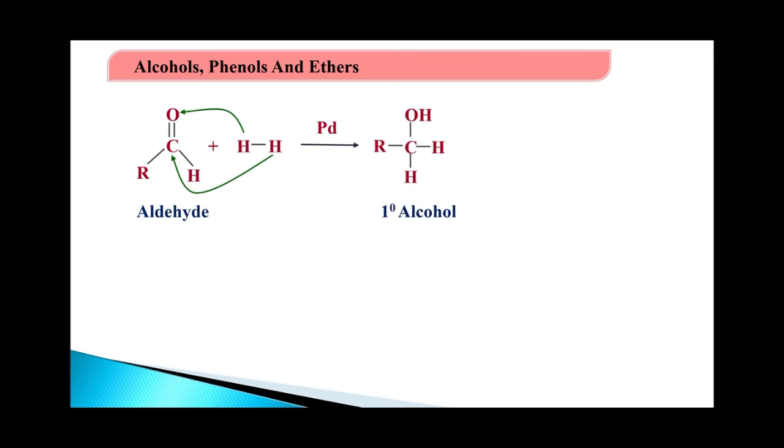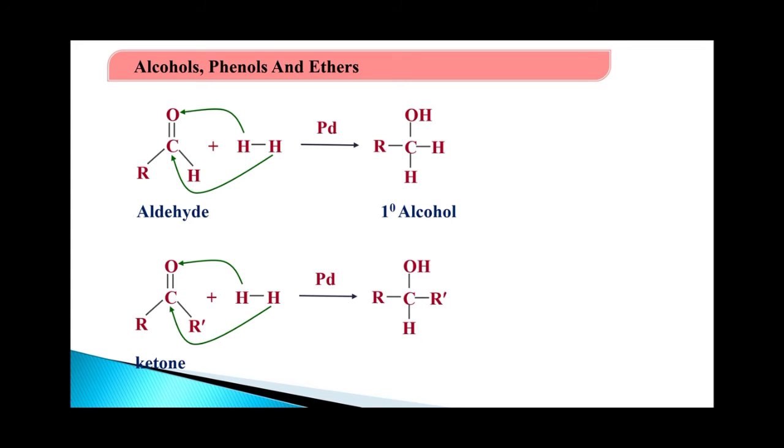Look at the ketones. We have R and R dash. Both R and R dash may be the same or different, except hydrogen, because if it is hydrogen then it is referred to as an aldehyde. On addition of H2 in the presence of the catalyst, in catalytic hydrogenation, again one of the hydrogens will attack the oxygen and another the carbonyl carbon.